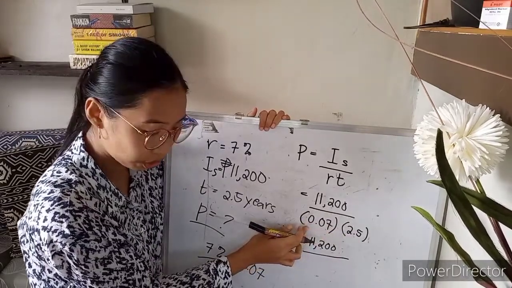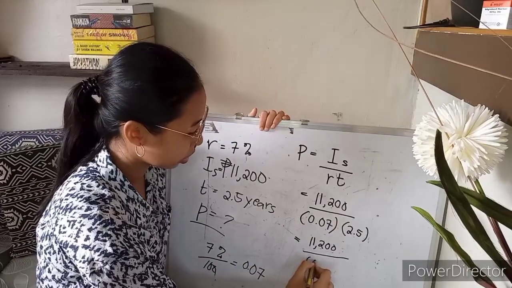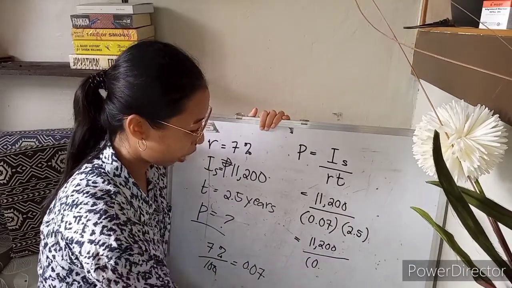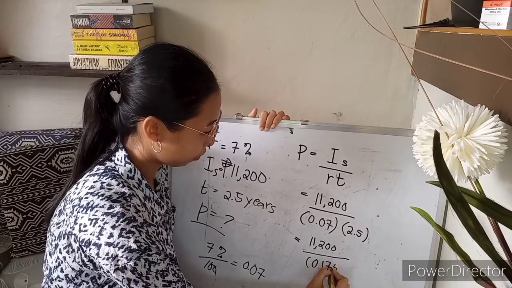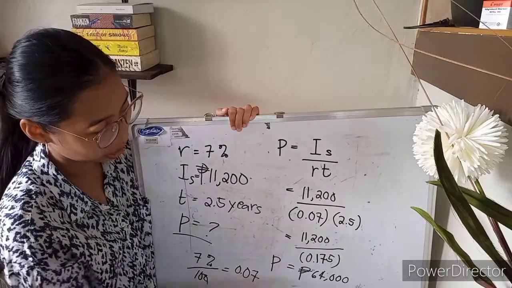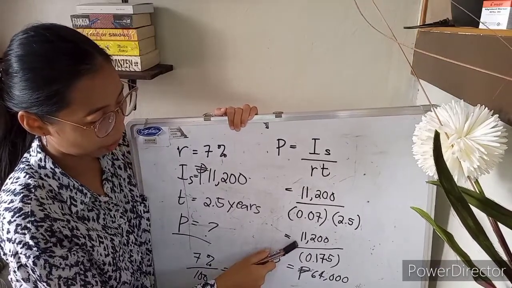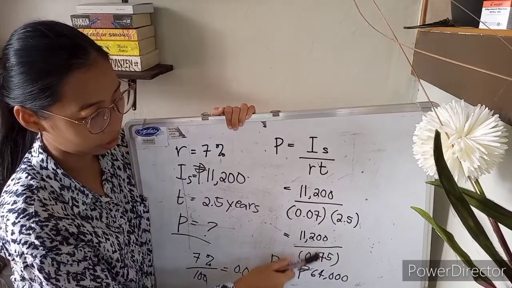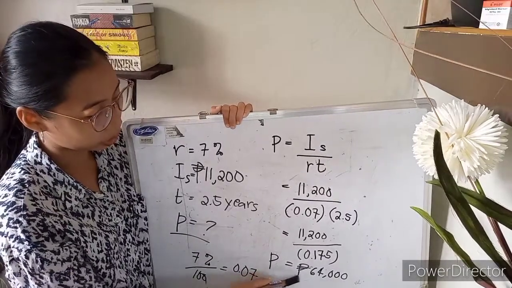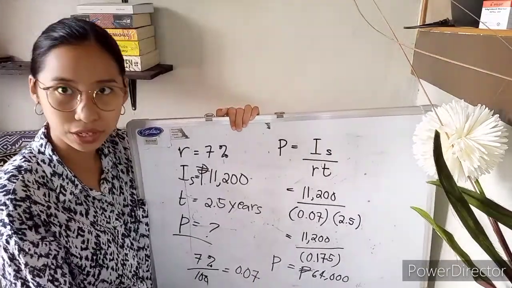Use your calculators. The result is 0.175. We divide 11,200 by 0.175. So, our final answer is principal is equal to 64,000 pesos.